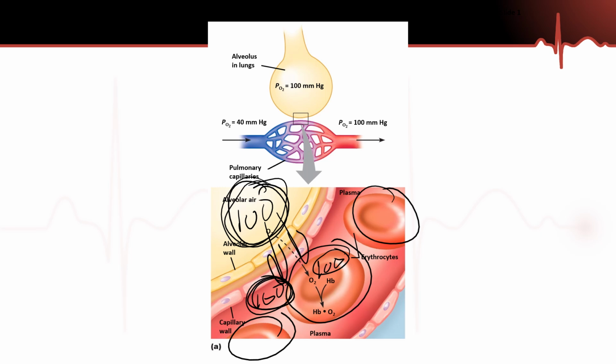But what we can do, and what we clearly have evolved to do, is to resolve that problem by having red blood cells, which inside have hemoglobin. And the hemoglobin within the red blood cells can latch on to oxygen and transport the oxygen that way. And that's how we transport the vast majority of oxygen through our bloodstream. It's bound to hemoglobin within our red blood cells.